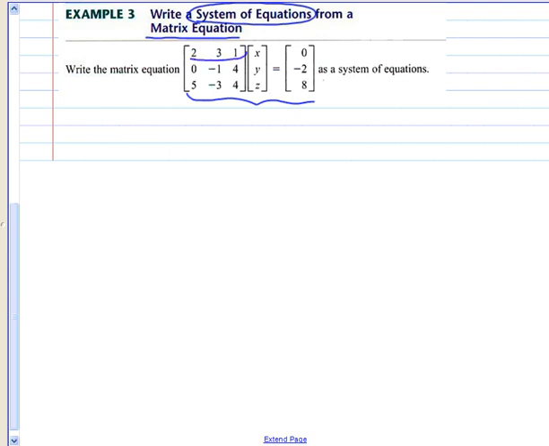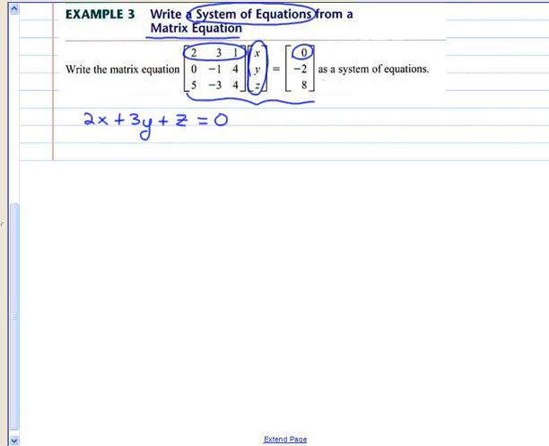Well, it means that this row has been multiplied by this column, and it's first row, first column, it equals first row, first column answer. In other words, 2 times x, 2x, plus 3 times y, 3y, plus 1 times z, z, equals the number 0.